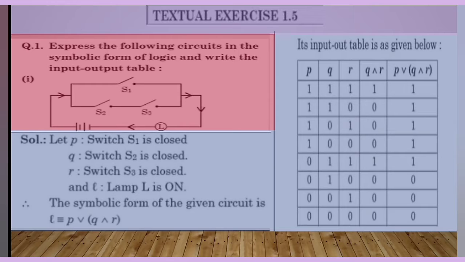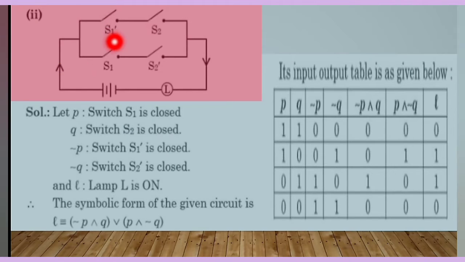Next is the circuit. Here 4 switches: S1 dash, S2, S1 and S2 dash. Right here in the solution, P statement is: switch S1 is closed, Q: S2 is closed.